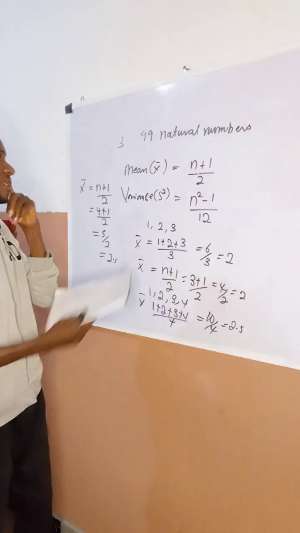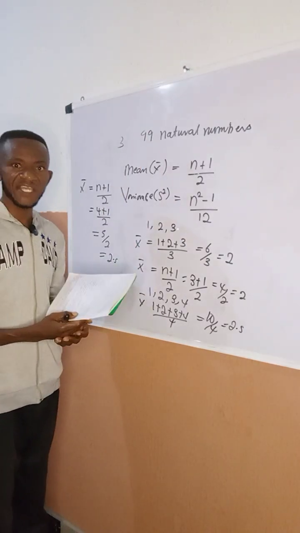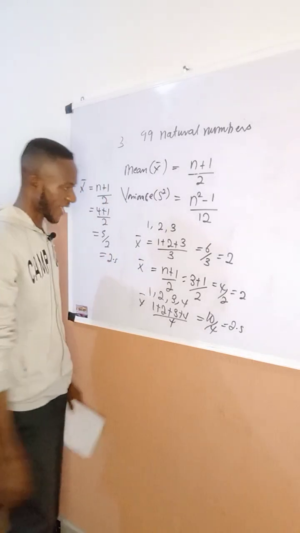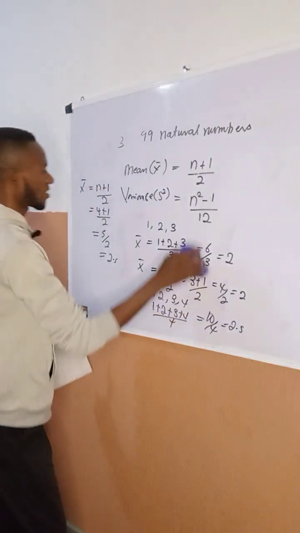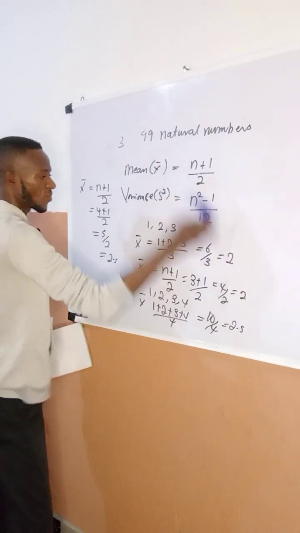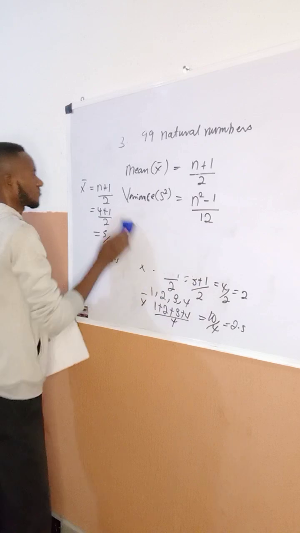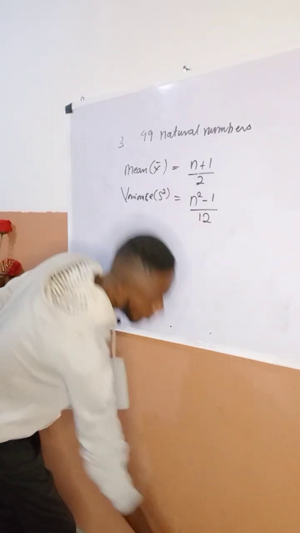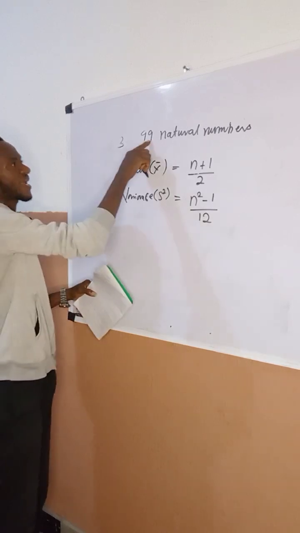So with that, we now go ahead and solve the question they gave us. They asked us to find the mean of the first 99 natural numbers. So permit me to clear our illustration while we, with these formulas now, come up with the answer very fast. In this context, our n is 99.